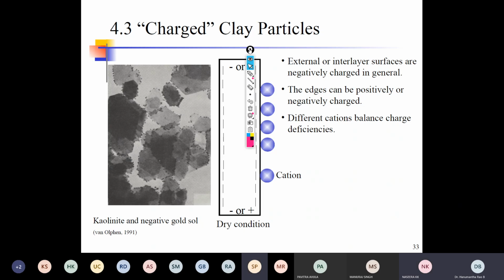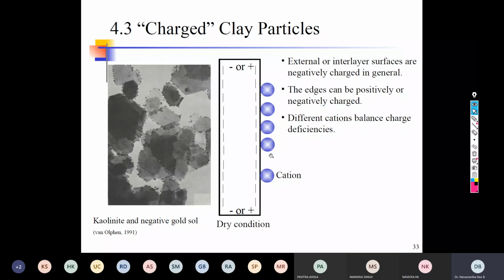Sand is formed by the physical disintegration. Sand is formed by physical disintegration, correct? But why sand particles are larger than... one by one, no problem. Yes, please.